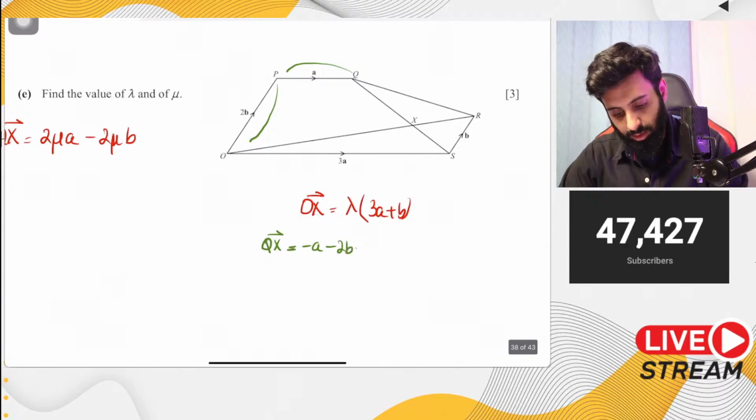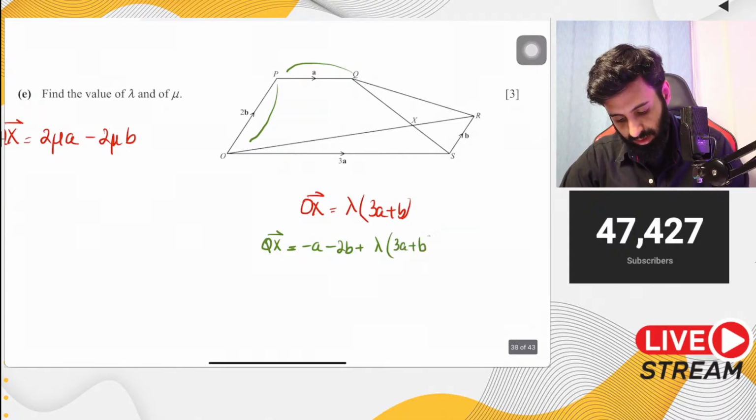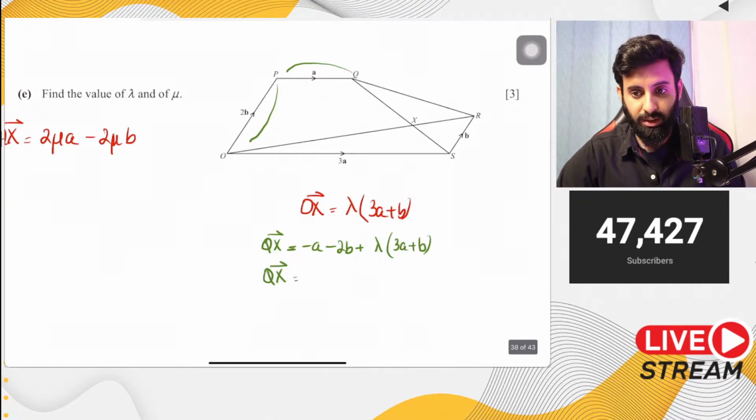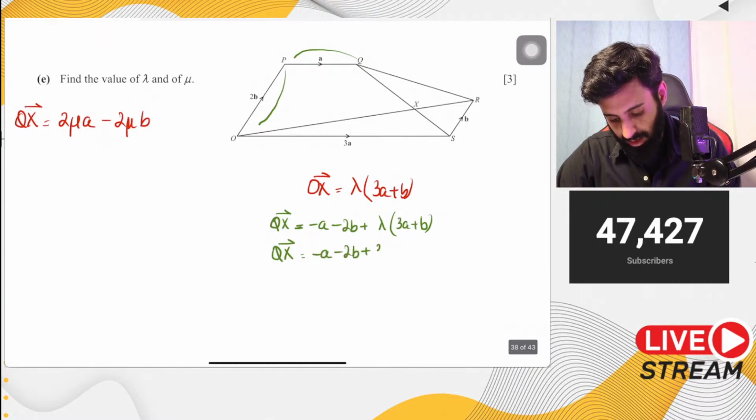And then going from O to X, which we know is equal to lambda into 3A plus B. So this is QX, but in terms of lambda. So minus A minus 2B plus 3 lambda A plus lambda B.